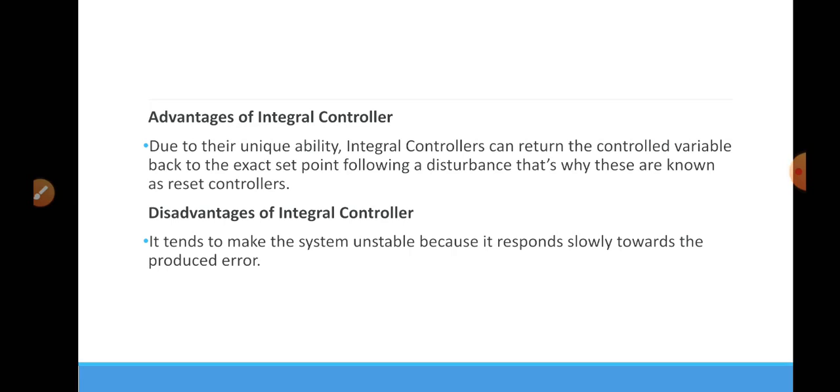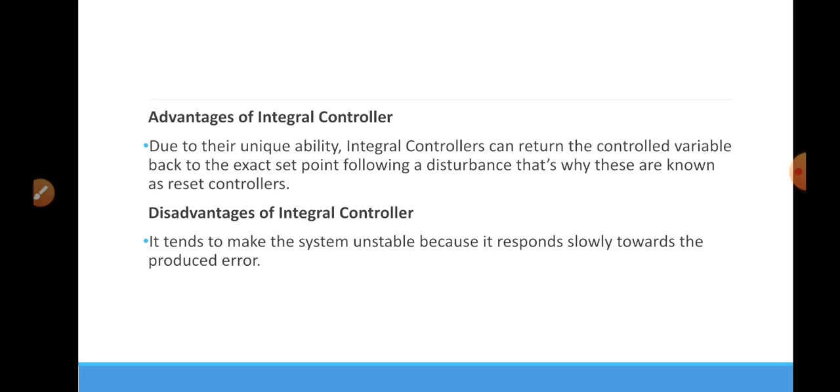But integral controllers have a unique ability: they can return the controlled variable back to its exact set point following a disturbance. If there is some disturbance, they can reset it to the set point. Therefore they are also called reset controllers.